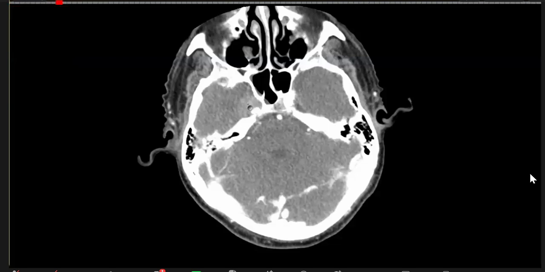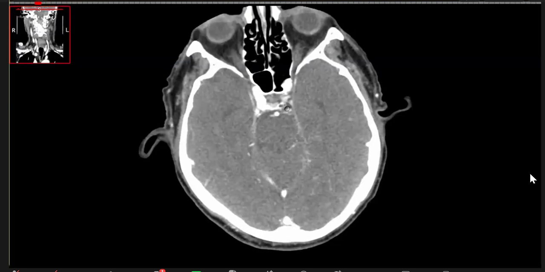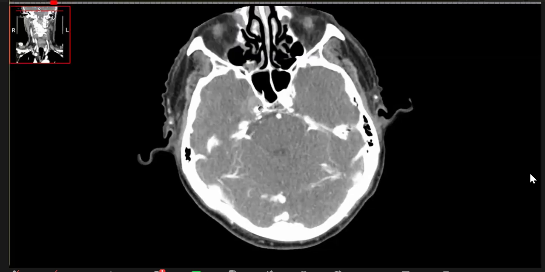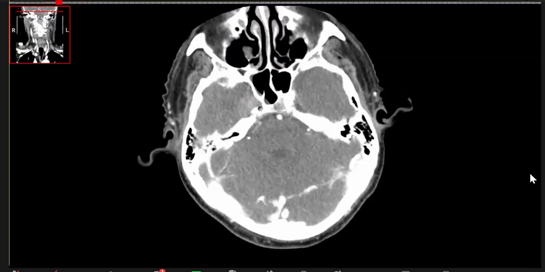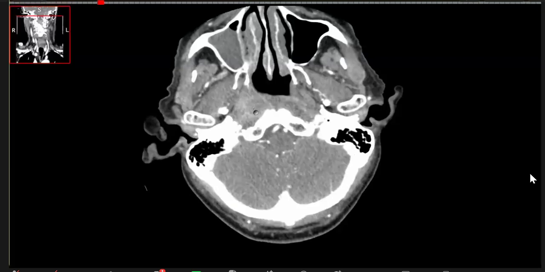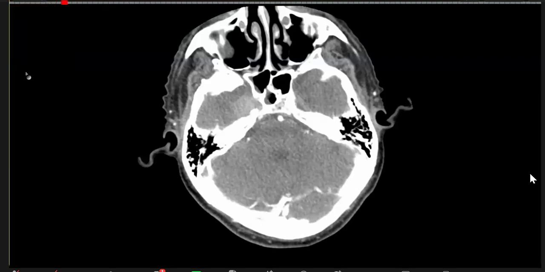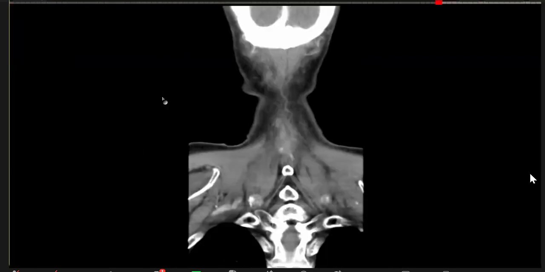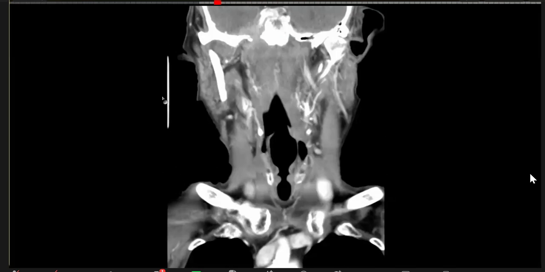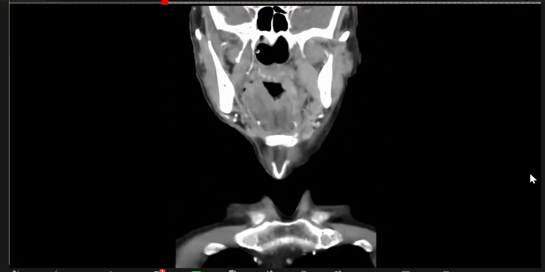But then it goes superiorly. And here you can see how it invades the cavernous sinus, and the cavernous sinus is sitting up here. I did not show the candidate the coronal, but just to make a point that this is the tumor and how it is going superiorly.